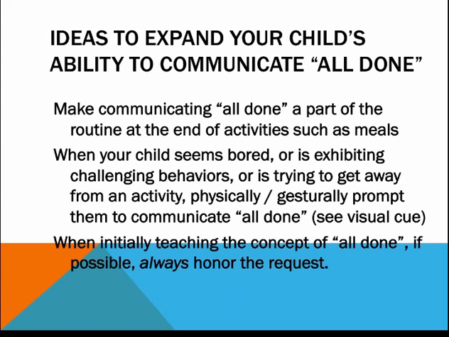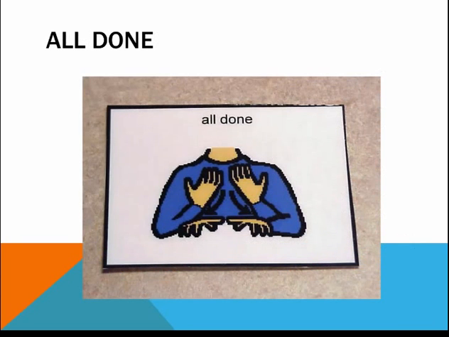When again, something as simple as a low-tech, all-done picture could have been modeled for him at the beginning signs of agitation, fidgeting, he wants to be all done. And when I talked to his team about teaching him this, they said, well, if we teach him this, then he's going to tell us he wants to be all done all the time when we don't want him to.